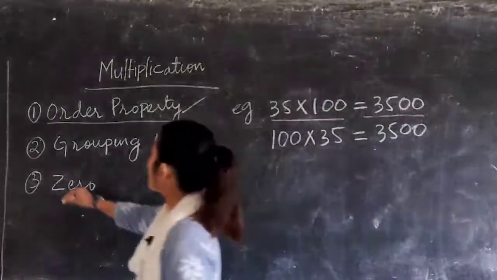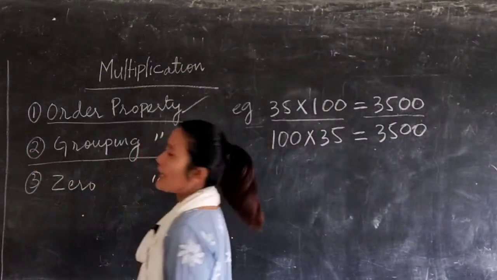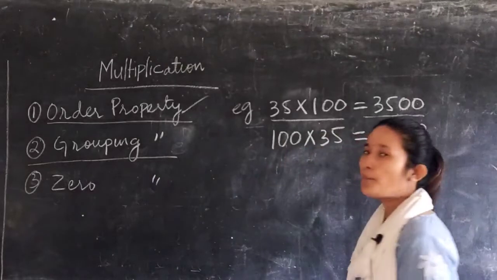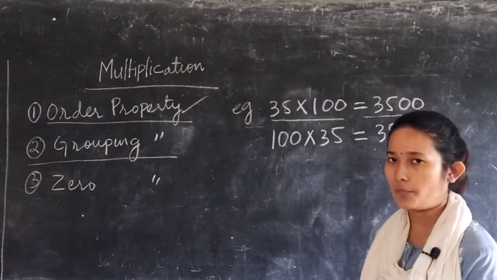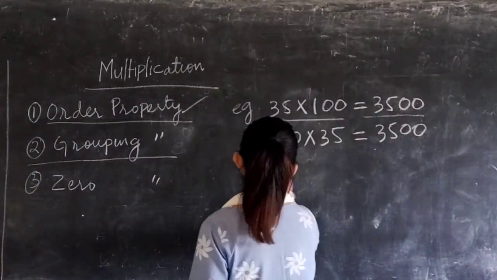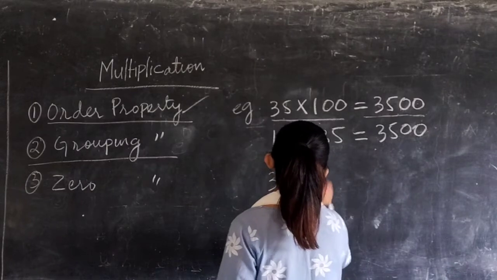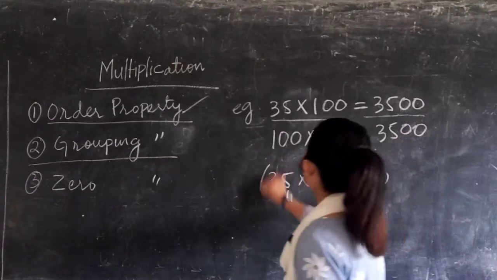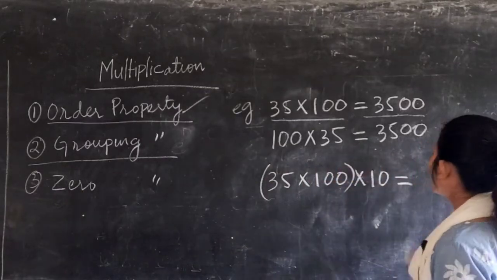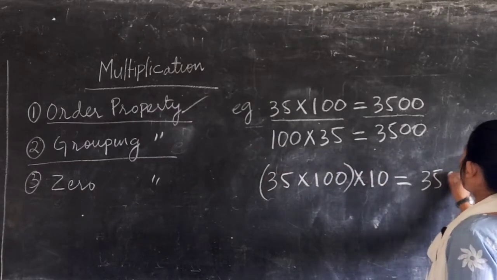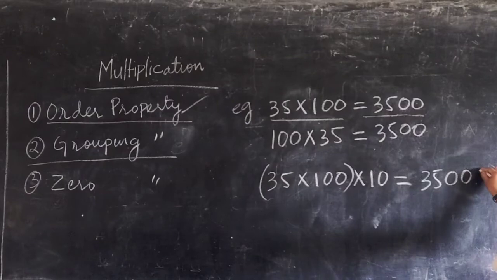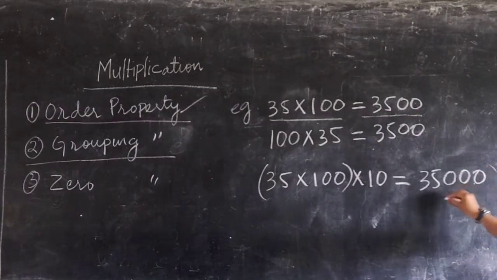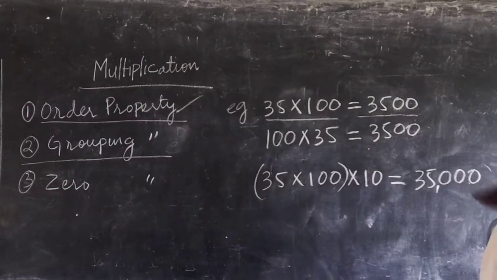Now second one is grouping property. Just like in case of addition, if you have more than 2 sets of numbers, so you have 35 into 100 into 10. So your answer would be 35,000.